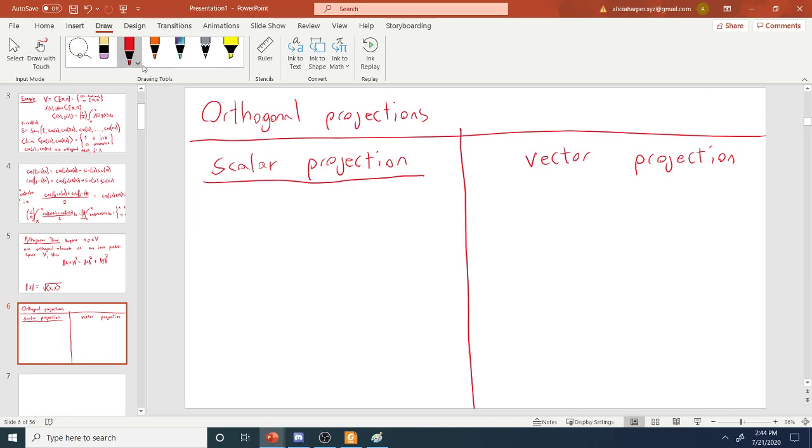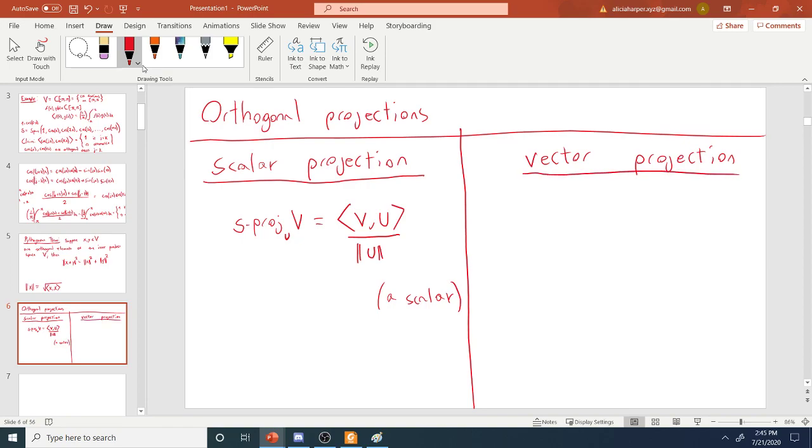Let's call it S proj of a vector V onto a vector U, is defined to be the inner product of V and U divided by the norm of U. So this, of course, is a scalar because it's a number divided by a number.